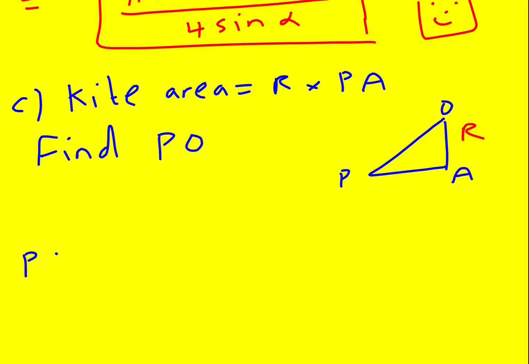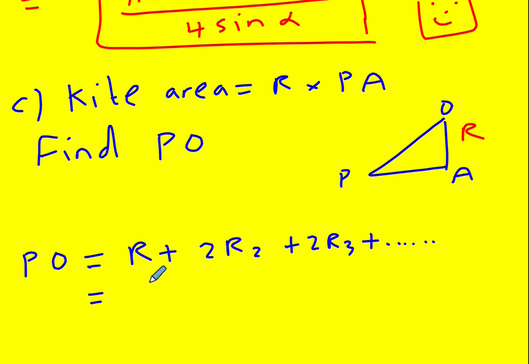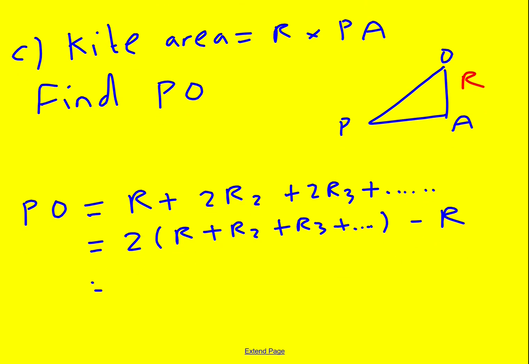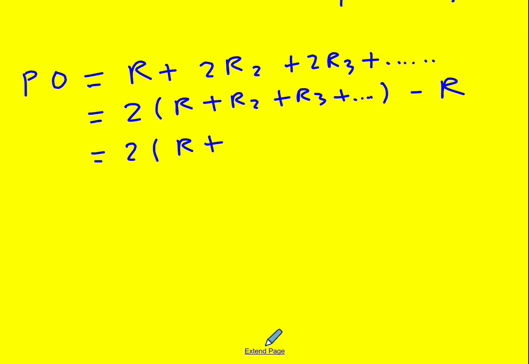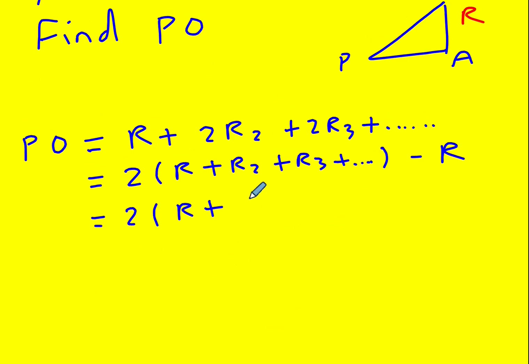So PO is R plus 2 lots of R2 plus 2 lots of R3, and so on. And we can write that as 2 lots of R plus R2 plus R3, and then we can just minus R at the end. And remember, we have this relationship between the radii because they form a geometric series.